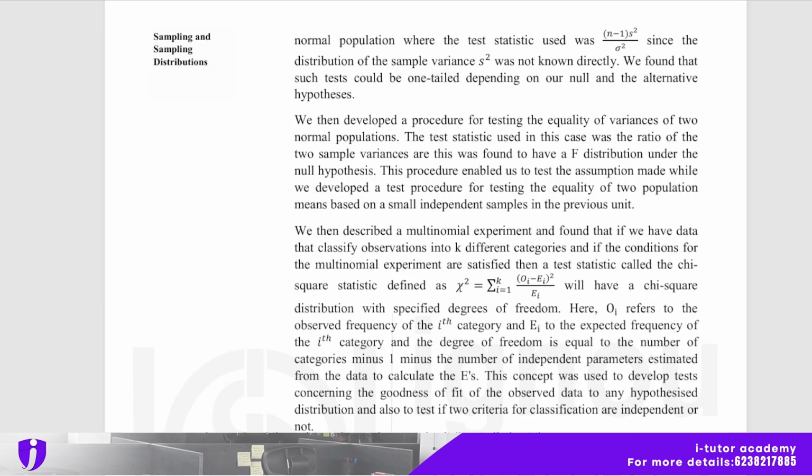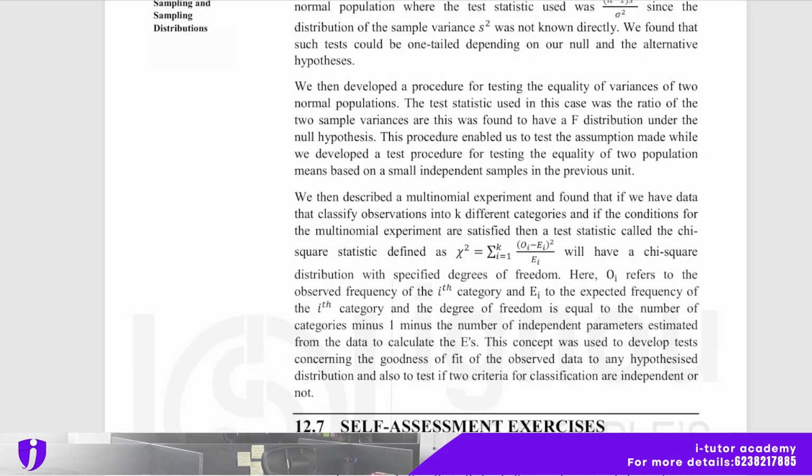Here Oi refers to the observed frequency of the ith category and Ei to the expected frequency of the ith category, and the degrees of freedom is equal to the number of categories minus 1 minus the number of independent parameters estimated from the data to calculate the Es. This concept was used to develop tests concerning the goodness of fit of the observed data to any hypothesized distribution, and also to test if two criteria for classification are independent or not.